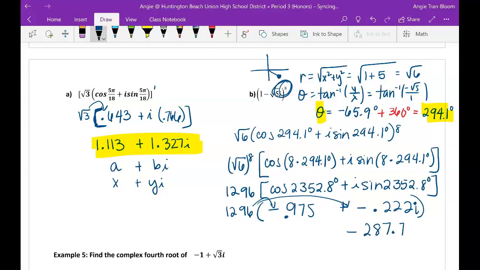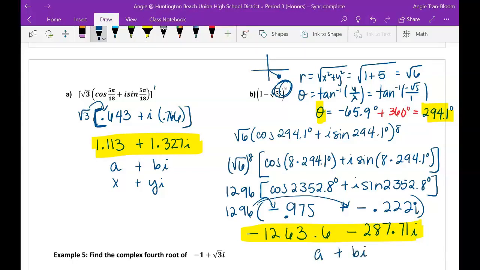In the front, negative 0.975 times 1296 is negative 1263. Well, this one just gave me 1 decimal place, so perfect. So this is now my final answer in the format of a plus bi. And this is the end of our recording for today.